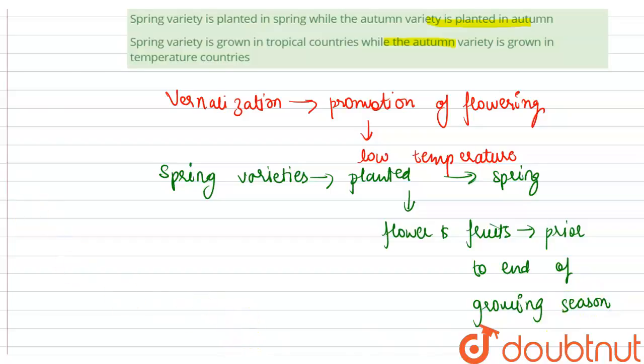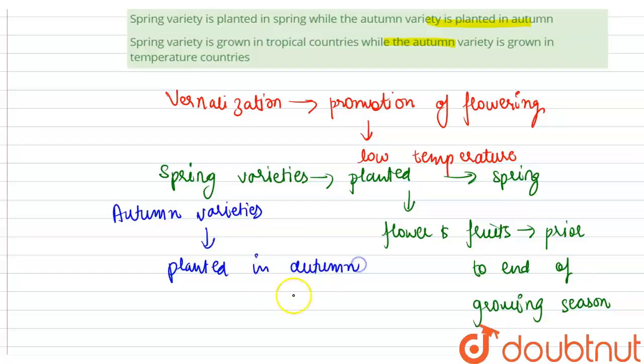And if the winter varieties, or we can say the autumn varieties, are sown similarly, they fail to flower and produce fruits before the end of the growing season. So they are planted in autumn, form seedlings in which they survive winter.